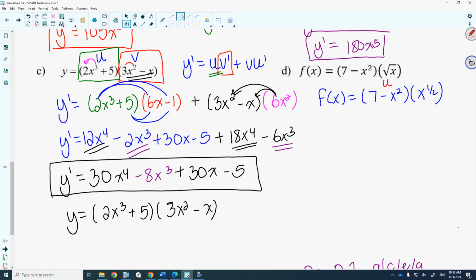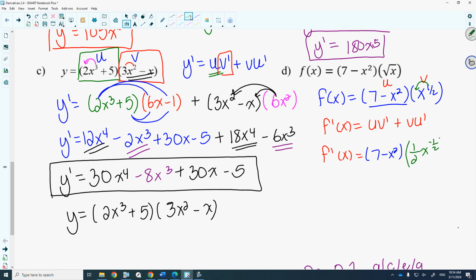So u and v. So f prime of x is equal to uv prime plus vu prime. F prime of x is equal to u is 7 minus x squared times v prime. So the derivative of this would be 1/2 x to the negative 1/2.